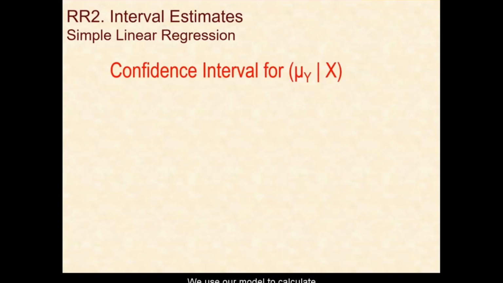We use our model to calculate the y hat that is our best point estimate of the mean of y for the portfolio of all members of the process who share the value of x. But we're not just interested in the best point estimate, we're also interested in how good that point estimate is. An interval estimate serves this purpose.